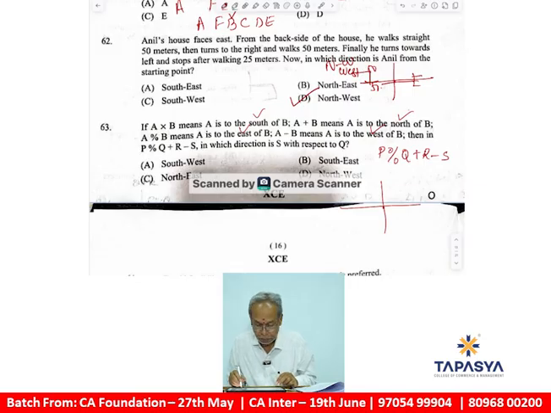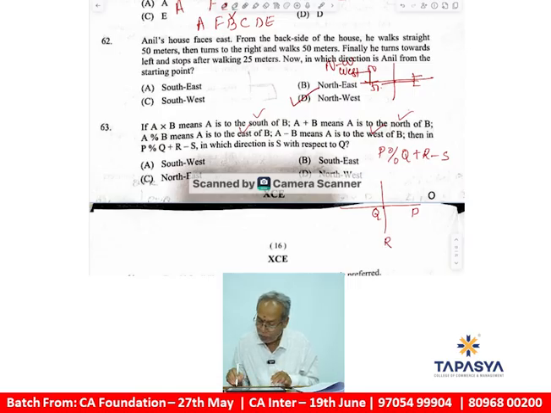Now P percentage Q means A is east of B. So P is east of Q. If I take Q here, P will be here, east. Plus is taken as north. So Q plus R means addition is taken as north, so Q is north of R. Right.